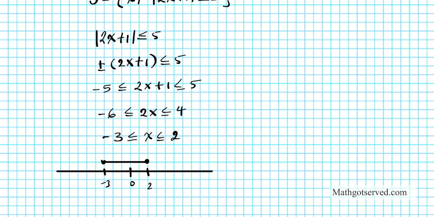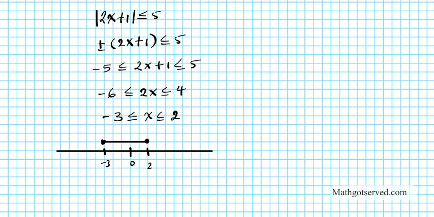With this set of real numbers from negative 3 to 2, everything included in between, what is the upper bound? Let's do the upper bound first.